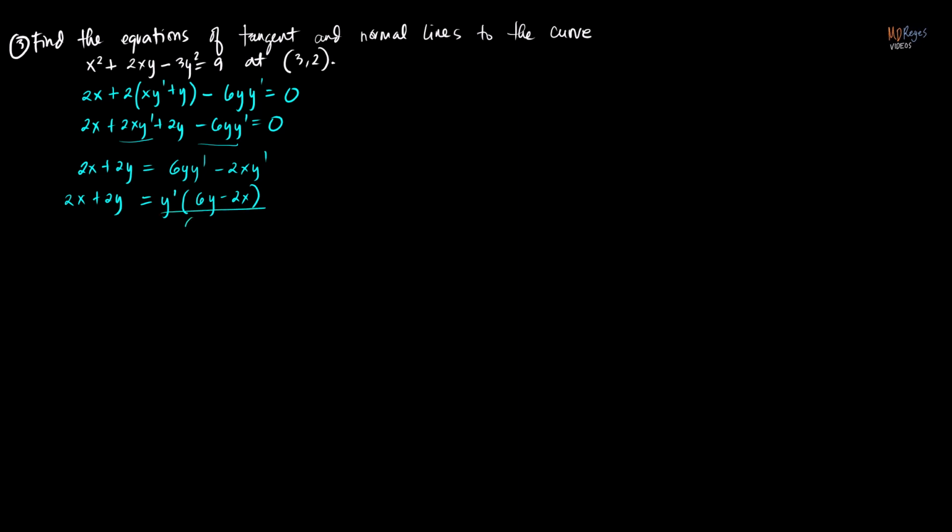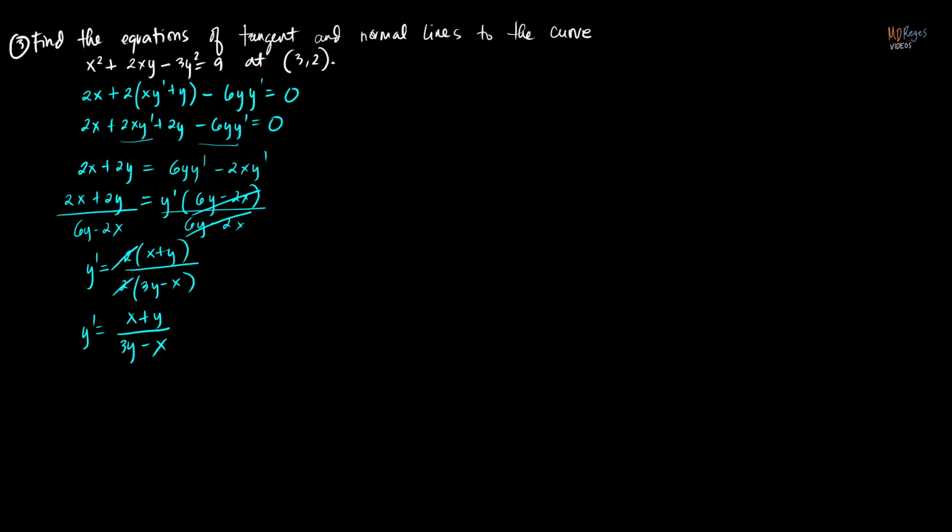And then divide both sides of the equation by 6y minus 2x. We'll get y prime equals, we can factor out 2 from the numerator and the denominator, so 2 times the quantity x plus y over 2 times 3y minus x. So we can just divide 2 by itself and get y prime in simplified form, and it's x plus y over 3y minus x.